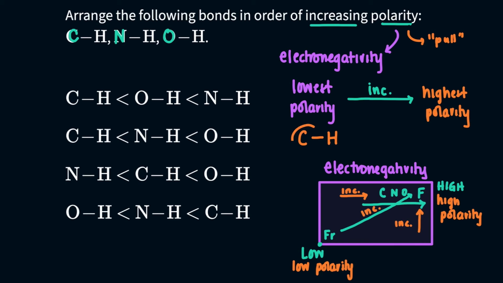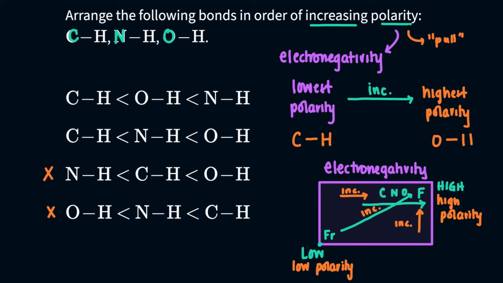As soon as I make my first decision, I go to my answer choices and I get rid of all the ones that don't start with that. So these two start with CH bonds, but these two don't. So right off the bat, I'm 50-50. I now increase my chances. Now, from C to N to O, O would be the highest one. So O would have to be all the way over here.